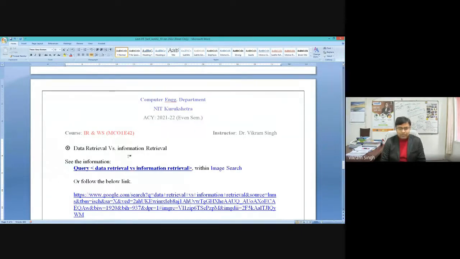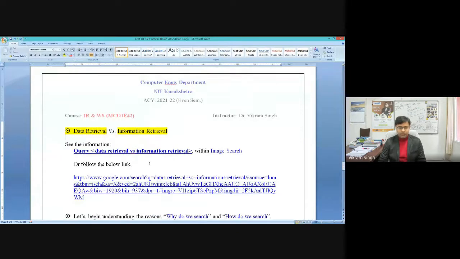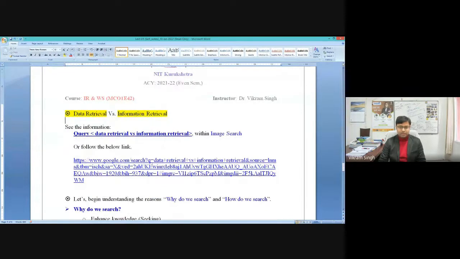So let's have a brief idea of how retrieval on the data and retrieval on the information object will happen. You can suggest some responses, and after that we will go onto the internet source to see how these two retrievals are different in nature, right? So I think we can directly go to this source.